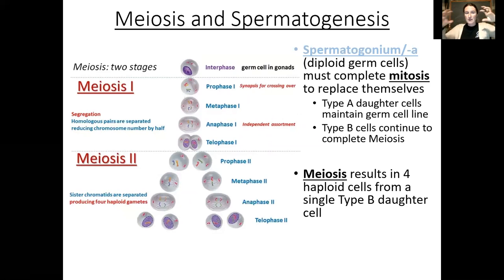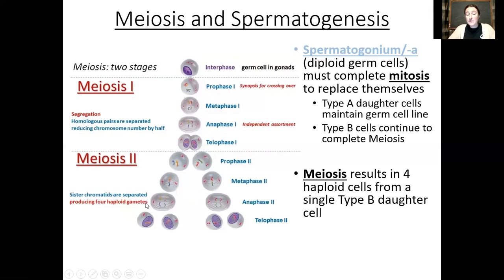So ultimately, both of these daughter cells are going to become different sperm. It's completely random where these things line up, and where they line up is going to determine which daughter cell, which sperm, they're going to be part of.